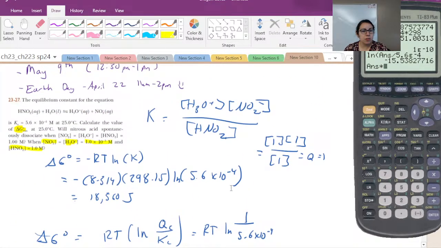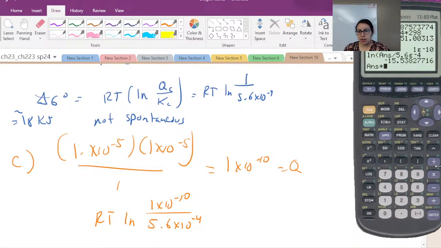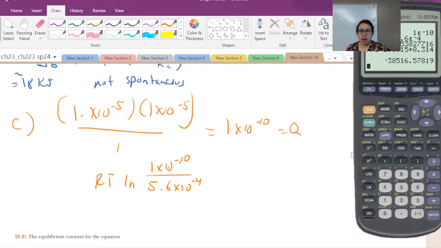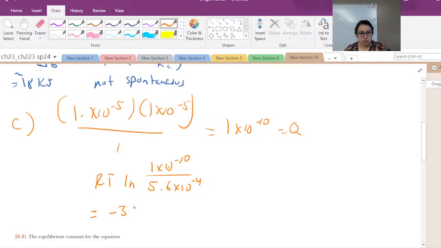Times our temperature, and I assume we're still at 298, times our gas constant. And so now we have a negative delta G, so I'll round it to negative 38.5 kilojoules roughly.